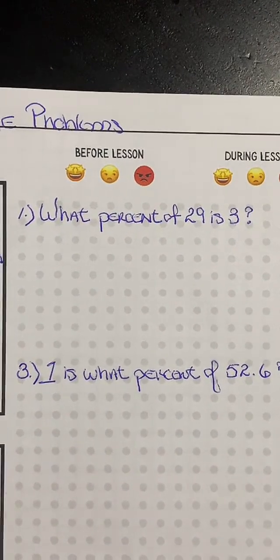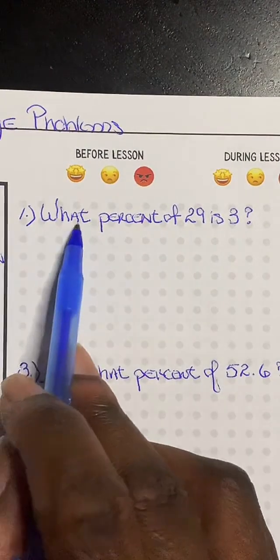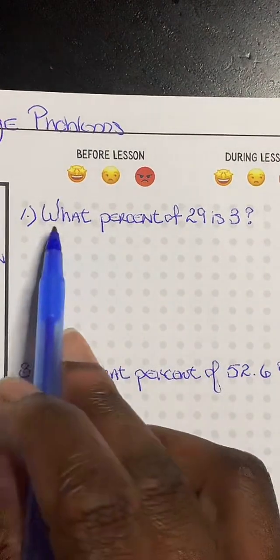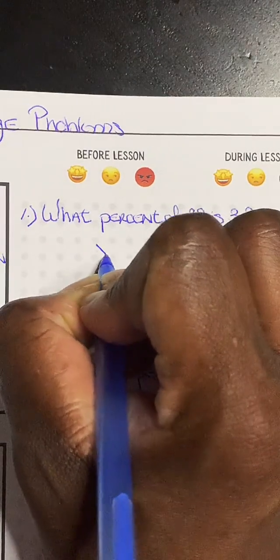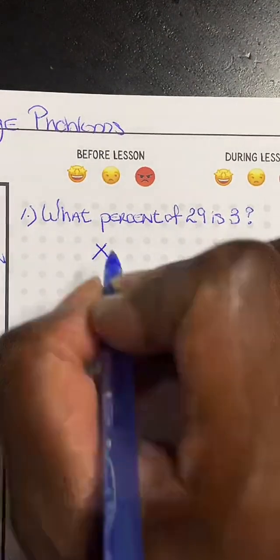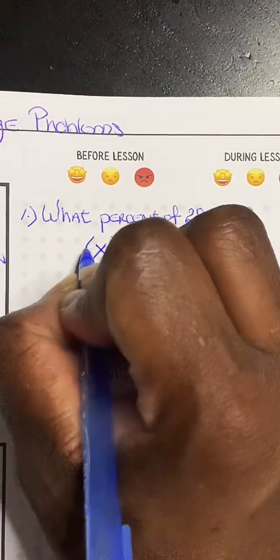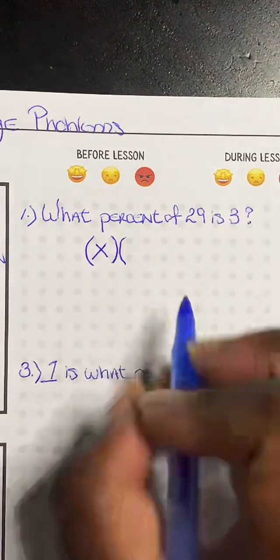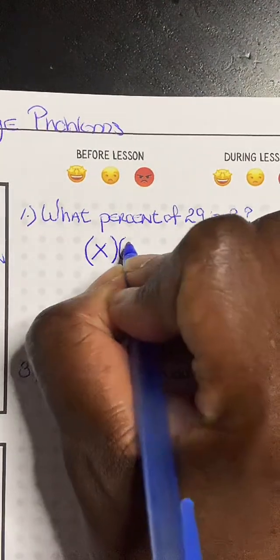Yes, you can. Take it with me step by step. So we have what? We don't know. It's saying what percent, so that's going to be my unknown, my X. Of means we're multiplying. So we're multiplying the X with 29.